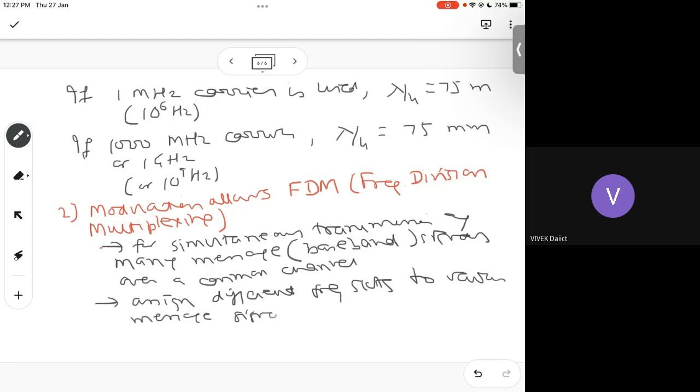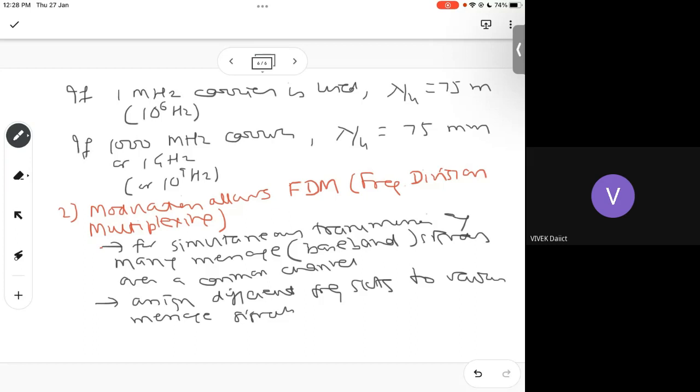Like my frequency band is from 300 hertz to 3000 hertz. Say the tabla is playing at 300, another flute is playing at some other frequency like 400 hertz, or the harmonium is playing at 600 hertz. So I assign 300, I pass it over a carrier of some frequency, another one at a different frequency slot, and a third one at a different frequency slot.